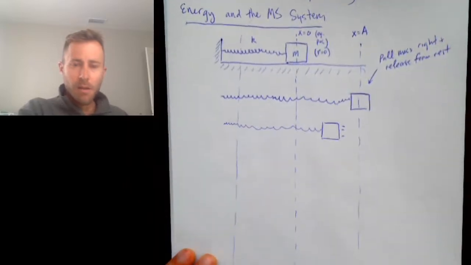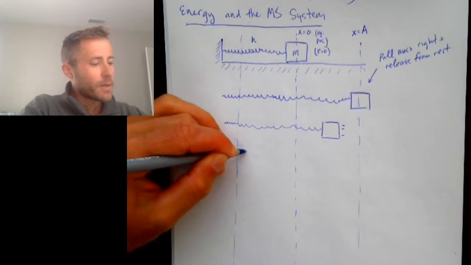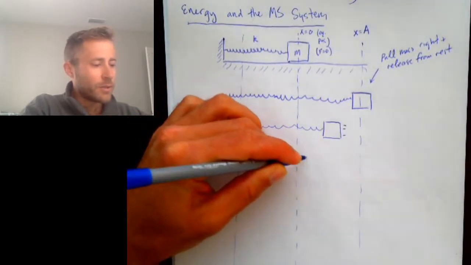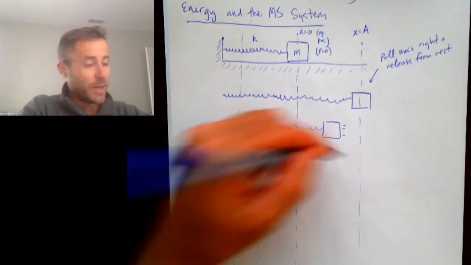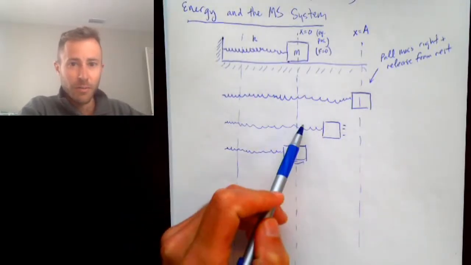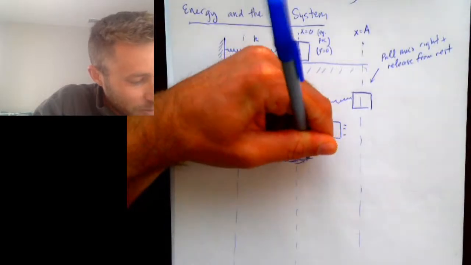Then it's going to arrive at its equilibrium position. But here's the thing: as it goes from here to here, it's been picking up speed. So it's going to have a ton of speed at that point.